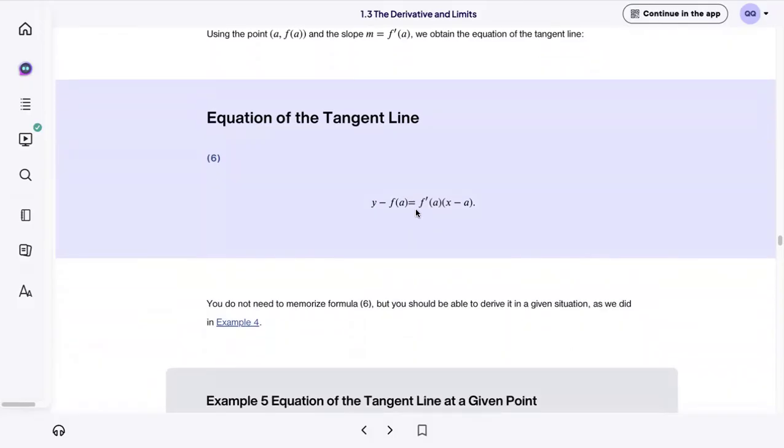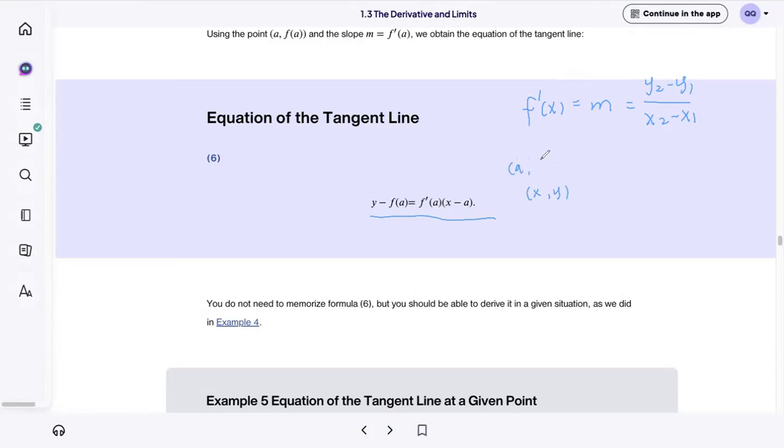So we could do this, right? If we know the points a and f of a, it is y minus f of a equals f prime of a times x minus a. Where does this come from? Remember, f prime of x equals the slope. The slope is the difference in y value divided by the difference in x value, right? Here, do you see 2 points? We have x, y as one point.